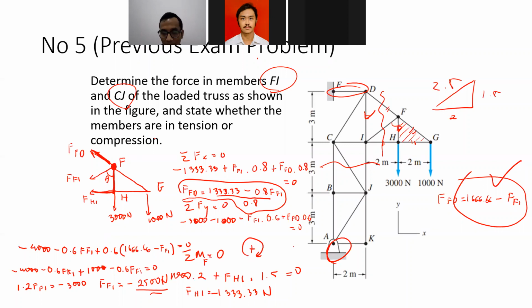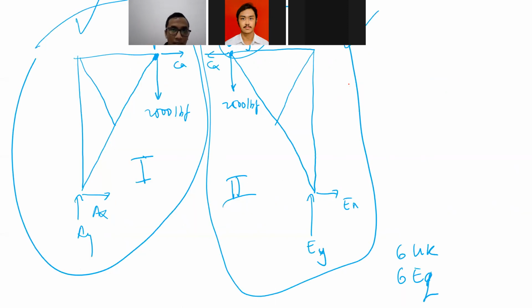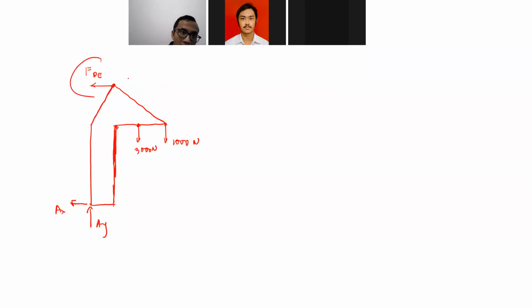Remember here, FDE, I replace DE here as the external force because it's a two-force member. So in order for me to make it easier, I will replace this as an external force like this, which has the same direction as the member.